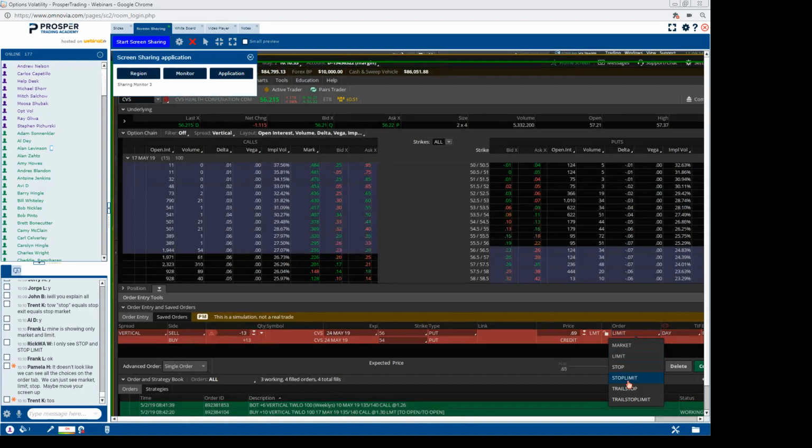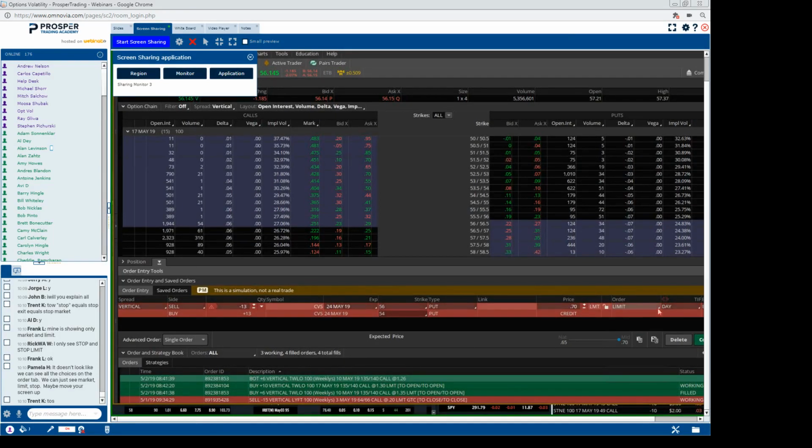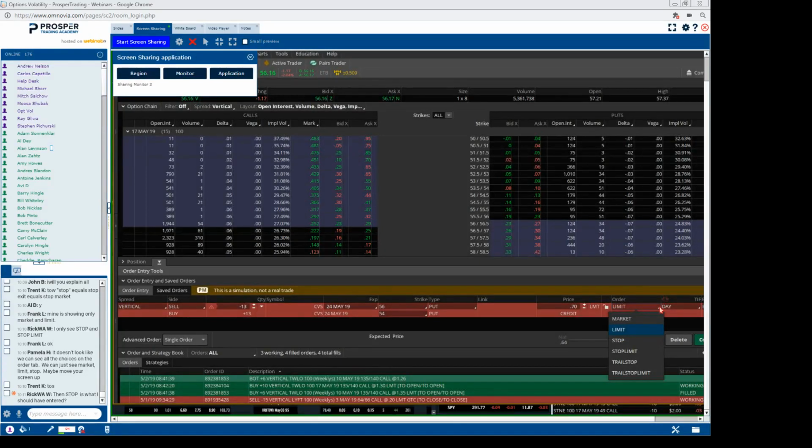Those are the only two things you need for a stop order. Well, you guys should be able to scroll down on your screen. Or if you click on your Thinkorswim platform, you should get all of these choices.